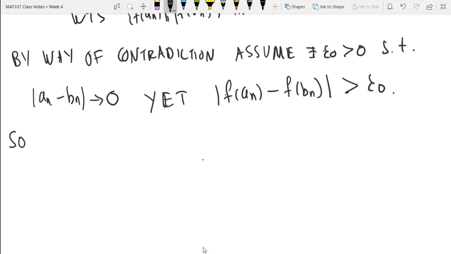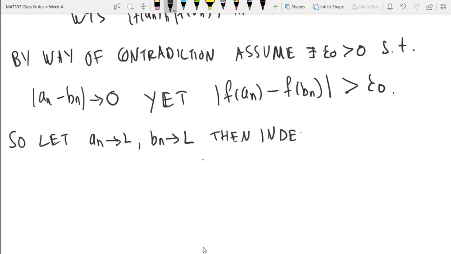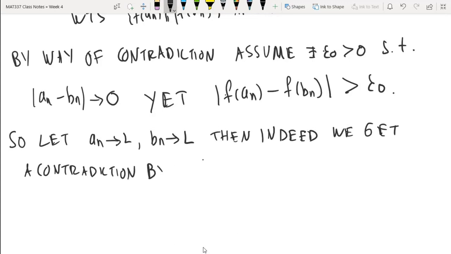So let an converge to L, and so the same is true for bn. Then, indeed, we get a contradiction by sequential continuity.